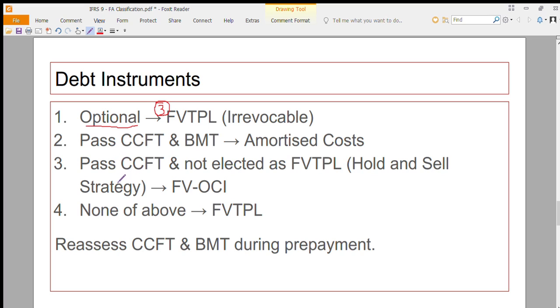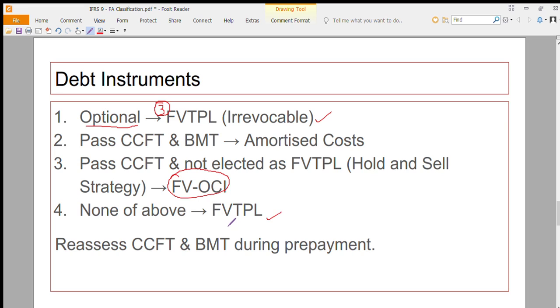If a debt instrument passes the first condition, cash flow characteristics test, and an entity does not choose this option, that is an option to classify an asset at FVTPL, then an entity can classify an asset under fair value through other comprehensive income. And finally, if all the three conditions are not met, the default classification will be fair value through P&L.